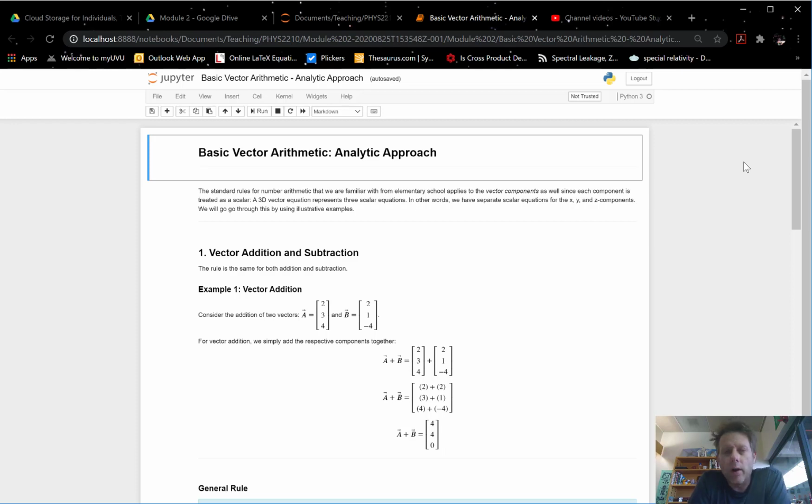However, often we will see in class vectors described in an analytical form, which means we're giving the components of the vector, like an x value, y value, or maybe even z value if you're three-dimensional, that makes up the vector.